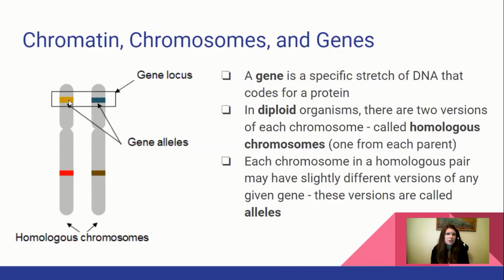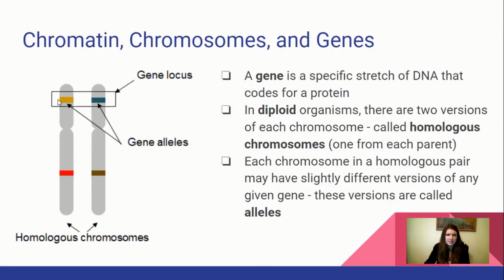You have 2 of chromosome 1, 1 from each parent. You have 2 of chromosome 2, 1 from each parent. But they're going to be slightly different because they're going to have slightly different versions of each gene, which codes for slightly different versions of a protein. So these different versions are called alleles.